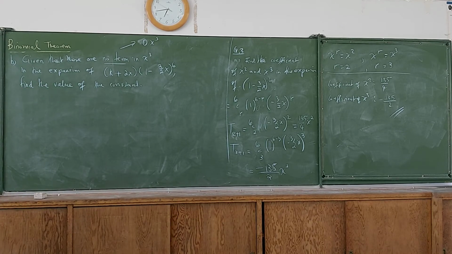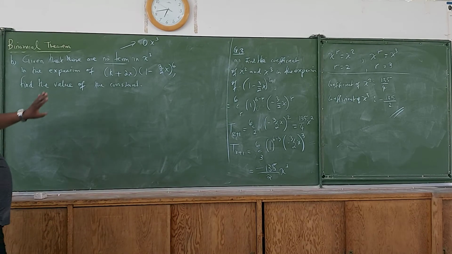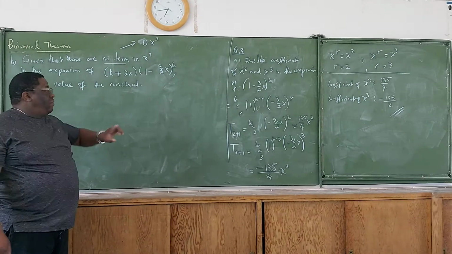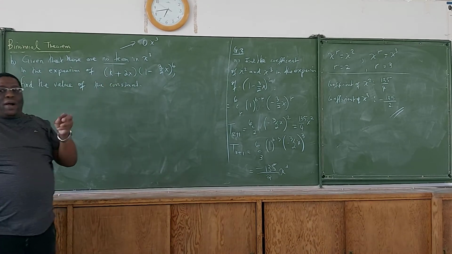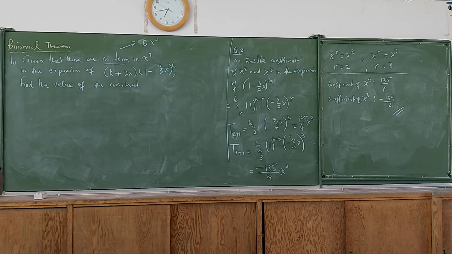Clearly, you must create an equation. That's the first thing that must come to your mind. An equation needs to be created. What should be equated to what? Step 1, there must be an equation.